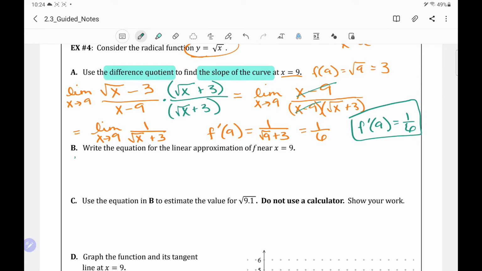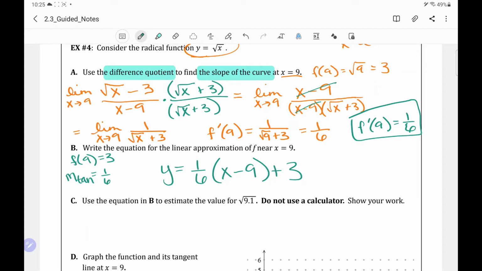We already know that f of 9 equals 3, and we know that our m tan is 1/6. And so we can write our equation, y equals 1/6 times (x minus 9) plus 3. That's our equation for the linear approximation of f. The linear approximation of f means the tangent line at the point x equals 9.